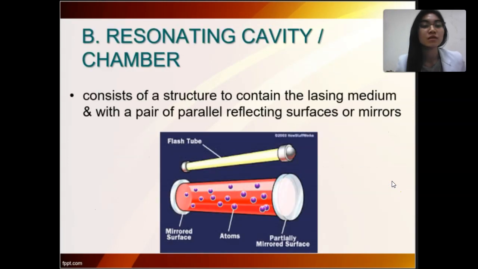So next would be the resonating cavity or chamber. This would consist of a structure to contain the lasing medium and with a pair of parallel reflecting surfaces or mirrors. So of course, when we say cavity or chamber, it means an empty space. So ito siya.